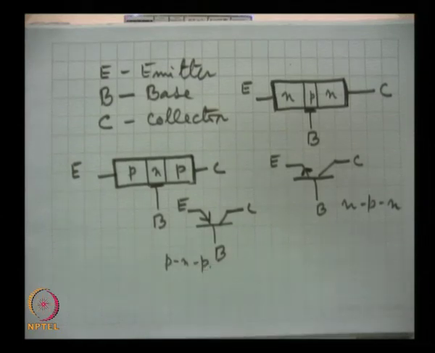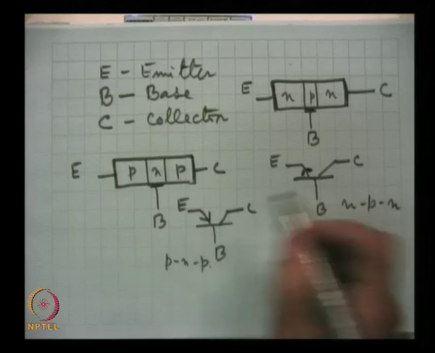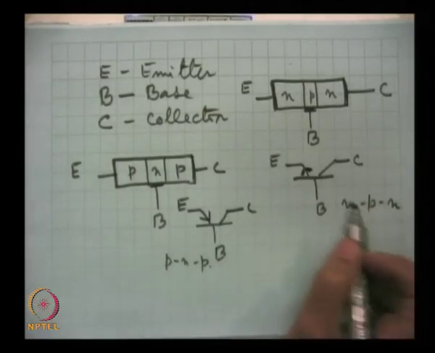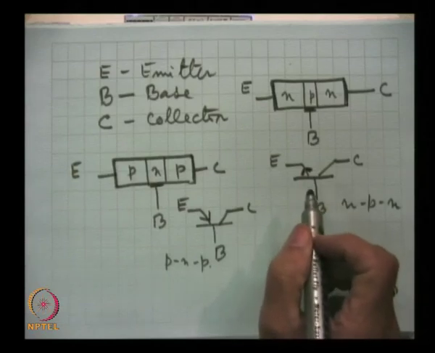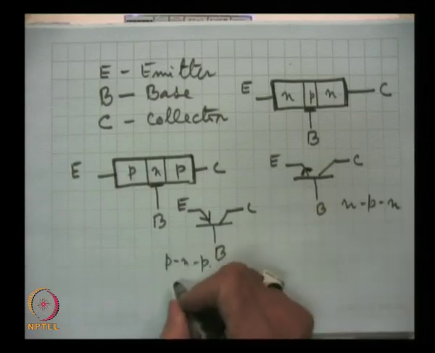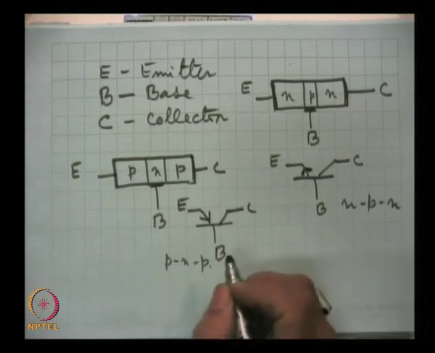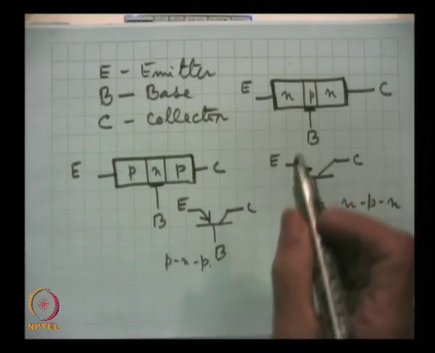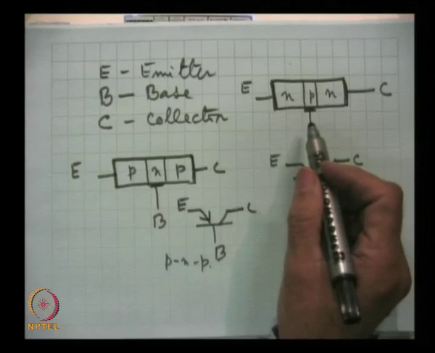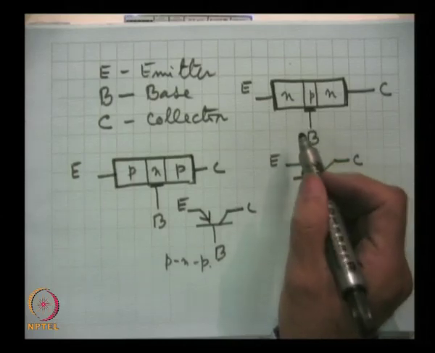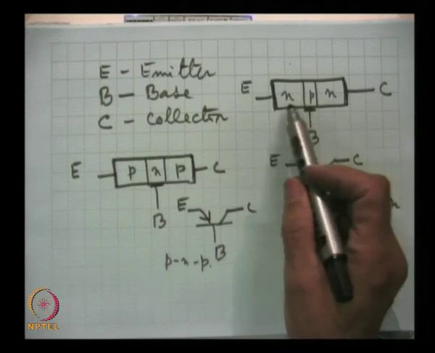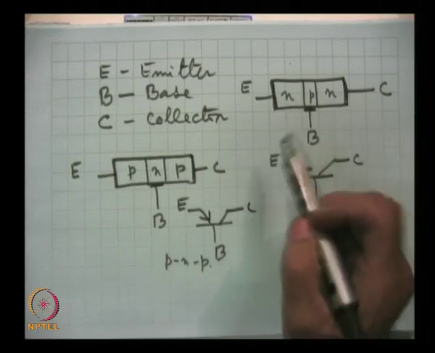Now, for general purpose both function equally well, but NPN is superior to the PNP transistor on one point. Let us consider silicon transistors for example. In an NPN transistor, as we will see when we go through the working of a transistor, electrons are the major players in transistor action.